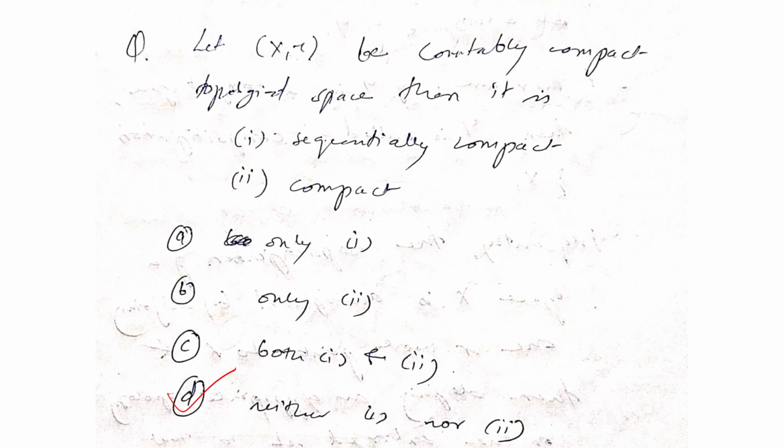So we saw that both are not true, but if it is compact or, sorry, sequentially compact, then in both these cases it is countably compact. Okay, so this is true, but vice versa it is not true. We have seen it through the examples as well.